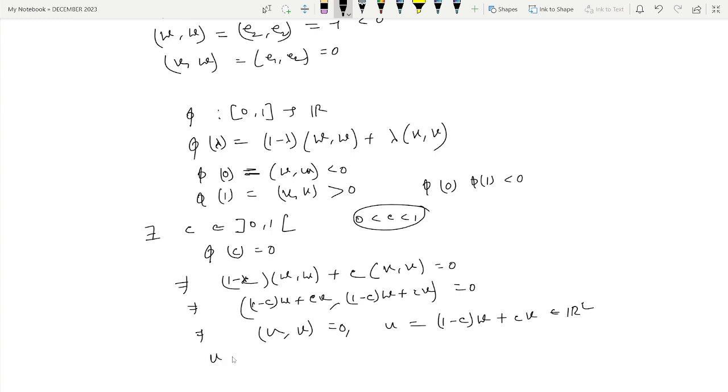So if possible, suppose u equal to 0, then we have (1 minus c)w plus cv equal to 0.